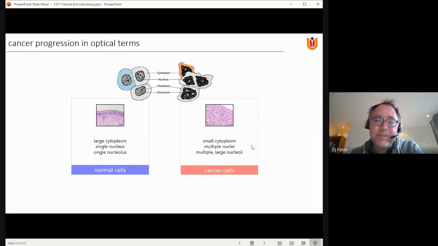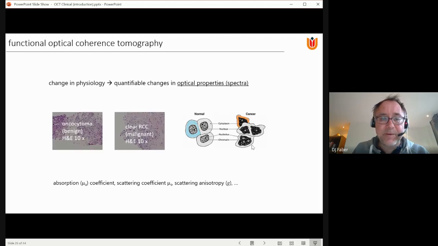And the reason for that is that the cancer cell is very impatient. It wants to grow, and it pays little attention to its development. So there is a lot of sloppy architecture, sloppy cells that occur. You can see that in the examples here, for oncocytoma, which is a benign renal kidney disease, and the other one is clear renal cell carcinoma.